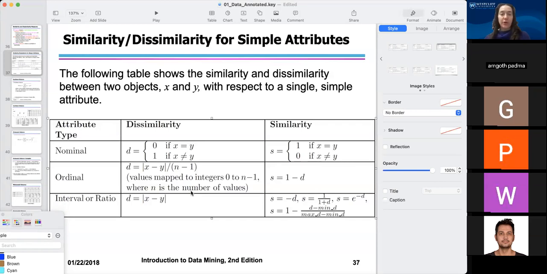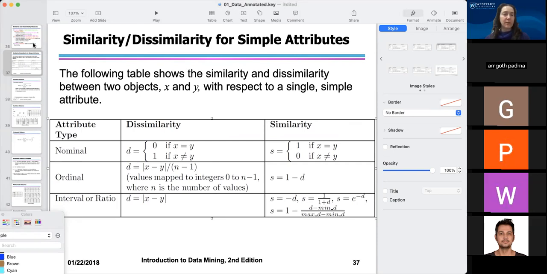If they are not numeric, if they are text or picture or sound or something like that, we can convert them to numeric, we can normalize the data, or we can map them into a numeric value and record that instead, so that we can compute the similarity or the dissimilarity.